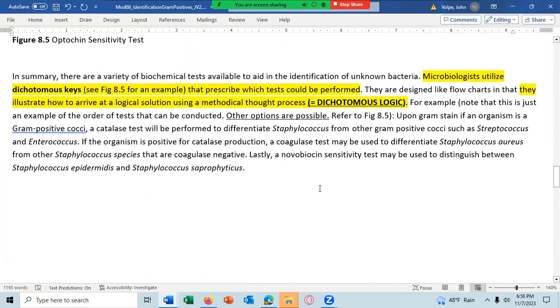All right. So microbiologists frequently use a dichotomous key that describes which test should be performed. If you want to illustrate how to arrive at a logical solution using the methodical thought process of dichotomous logic, we have a dichotomous key in this lab for you to use.